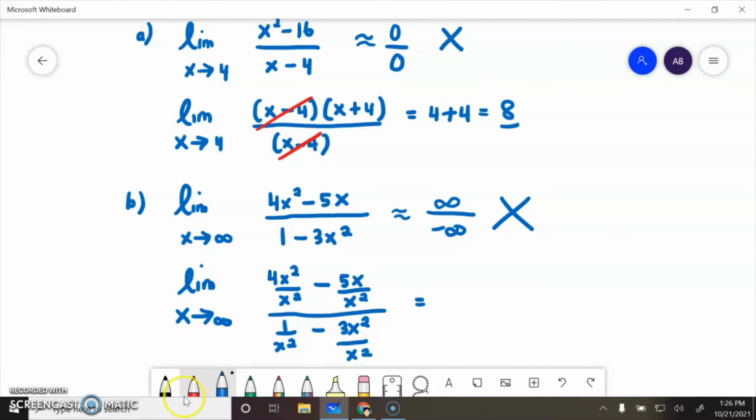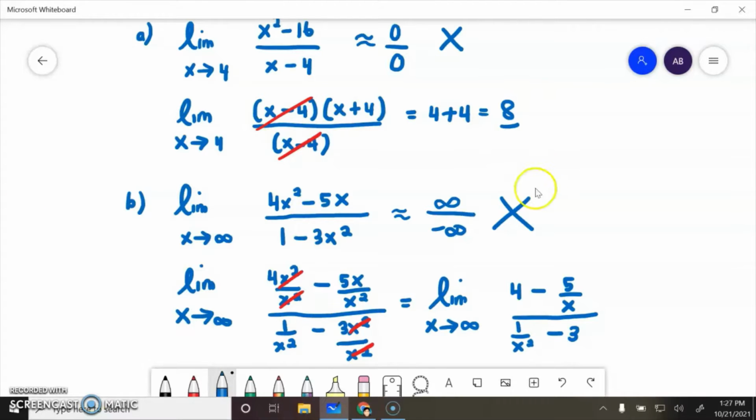This term will be 1, this term will be 5 over x, this term will be 1. So what do I have? I have 4. Don't forget the limit. If I'm not applying my limit yet, I have to keep writing it. So I will have limit x approaches infinity of 4 minus 5 over x, cancelling one power of x, divided by 1 over x squared minus 3.